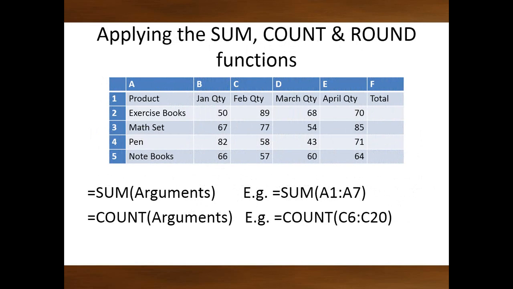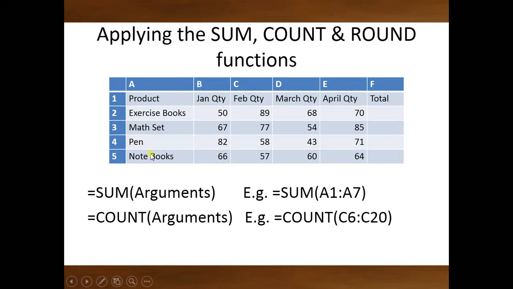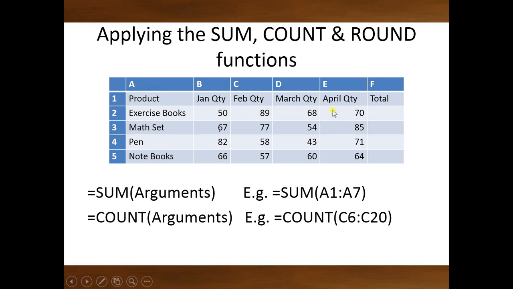So let us look at an example here. We have these products and the sales made for each month for these products. Okay, and we may be asked to compute the total of each of the products sale, each of the quantities sold.